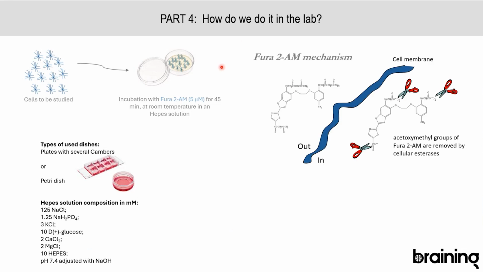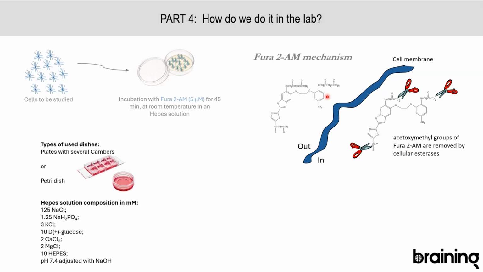So with the FURA 2AM, what happens is that we have the molecule outside the cells. Since, as I already explained, the FURA 2AM has these AM groups, it is able to cross the cell membranes.